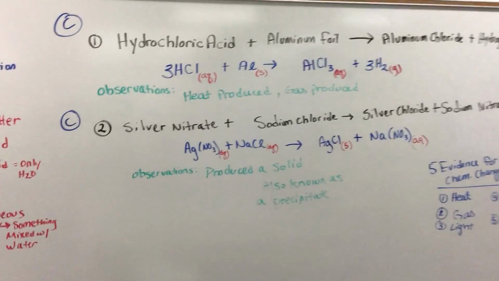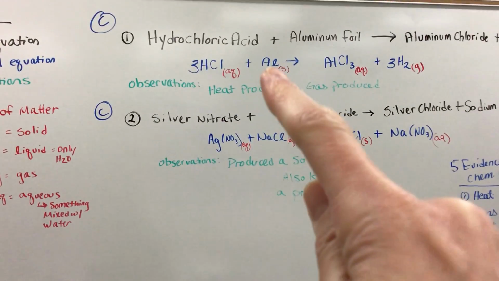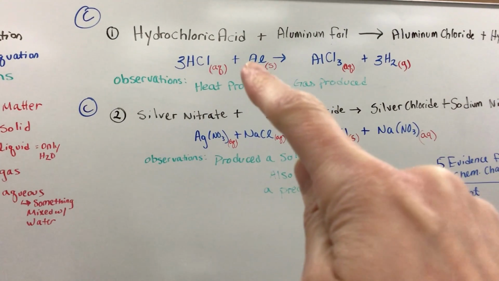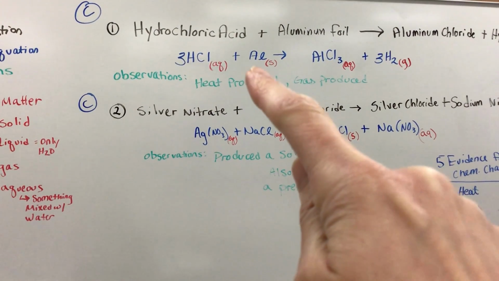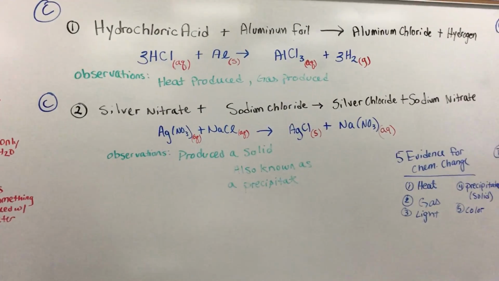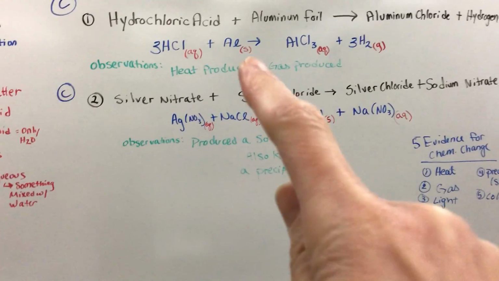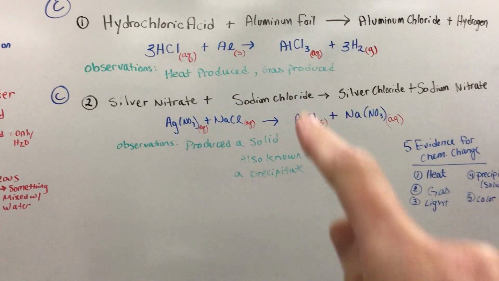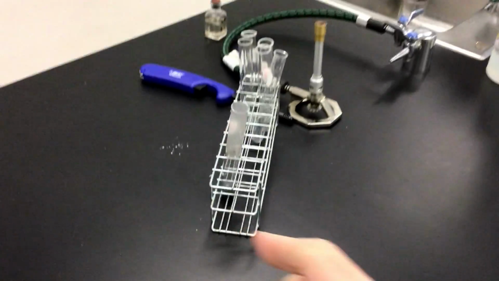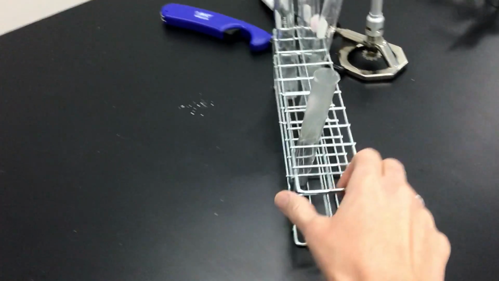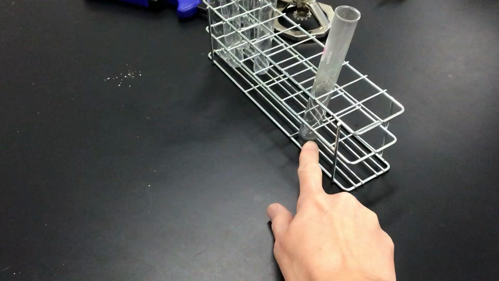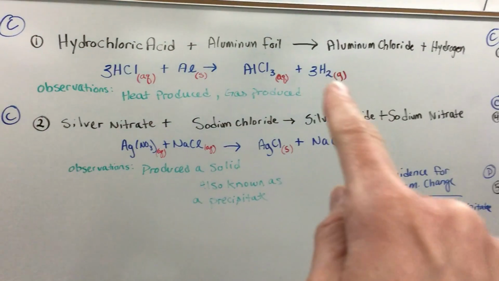So then what we see here is, right up here, we mix those together so that aluminum essentially switches spots with the hydrogen. And we create aluminum chloride, which is what's left over in our test tube down here, right? Down in there is aluminum chloride, and then we're left with hydrogen gas.